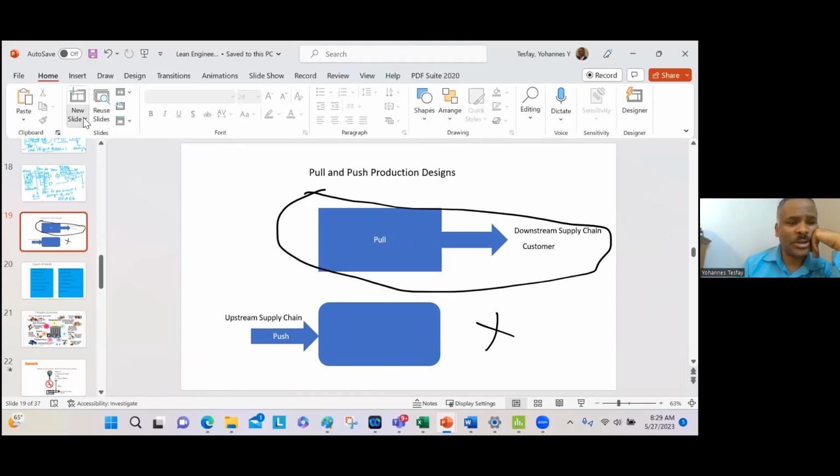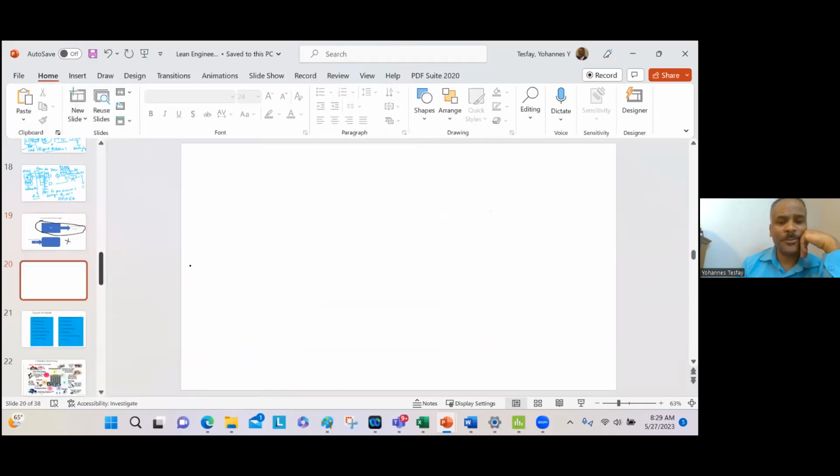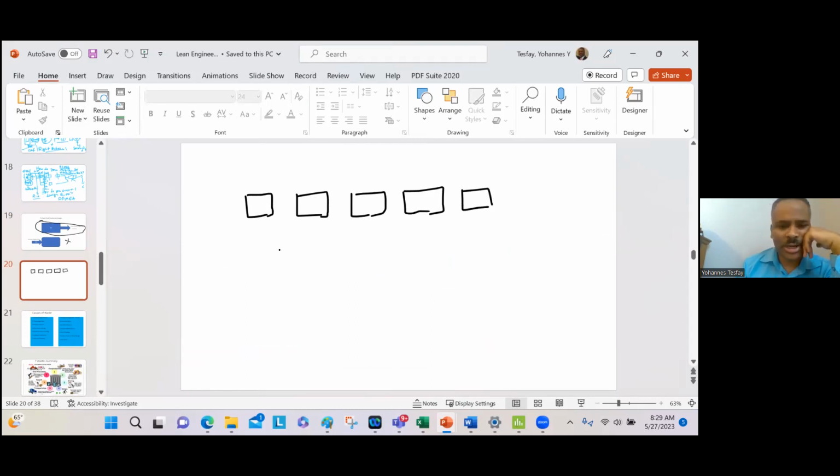Let's look at it in detail. So now you have an organization. So this is your company. So you do a process here. You see, process. Okay, so there are also other processes here.